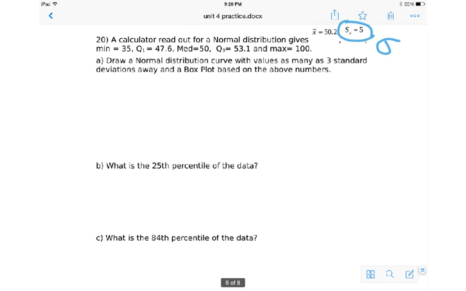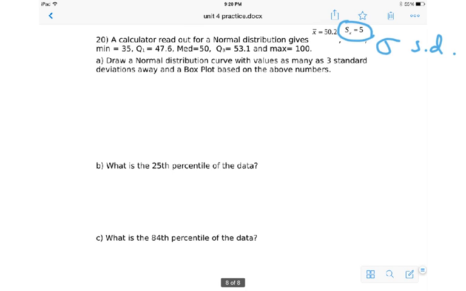Although if you ever look at the difference between sigma and Sx in the one variable statistics, you'll notice that they're very close to each other. Sx is going to be our standard deviation. It's our sigma. The minimum of this distribution is 35, quartile 1 is at 47.6, the median is 50, quartile 3 is 53.1, and the maximum is 100.